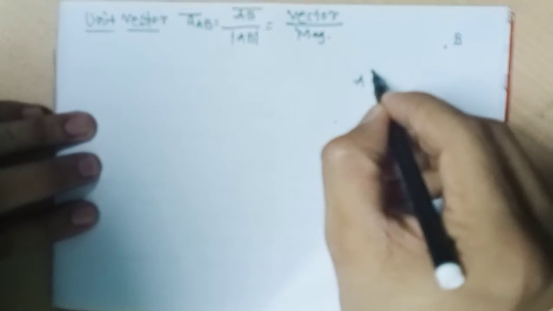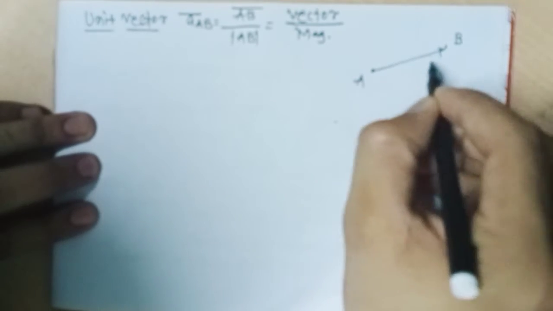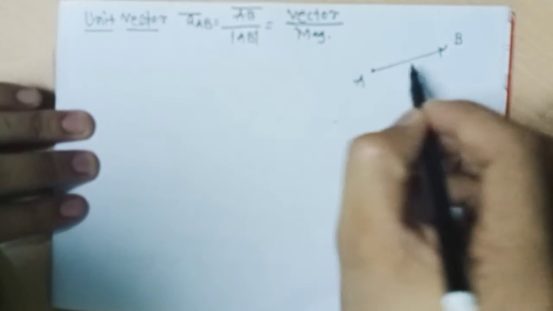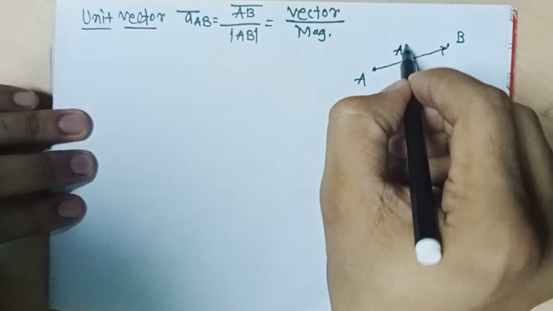This way we can find the unit vector. Now the most important thing: we have drawn the vector with the help of two points, point A and point B. Point A is the starting point, point B is the end point. So we have written this as vector AB bar.